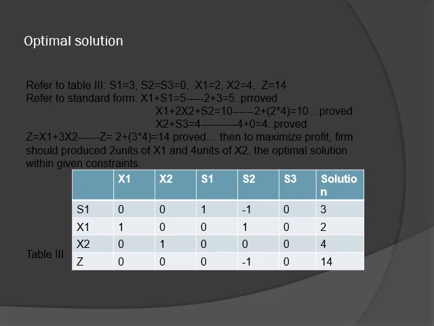Z equals x1 plus 3x2, so Z equals 2 plus 3 times 4 equals 14.